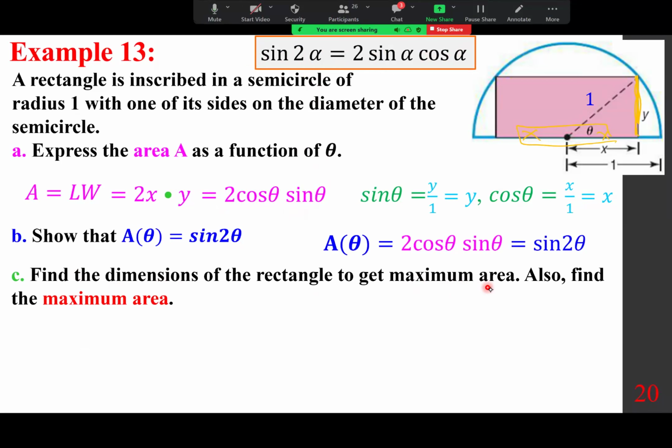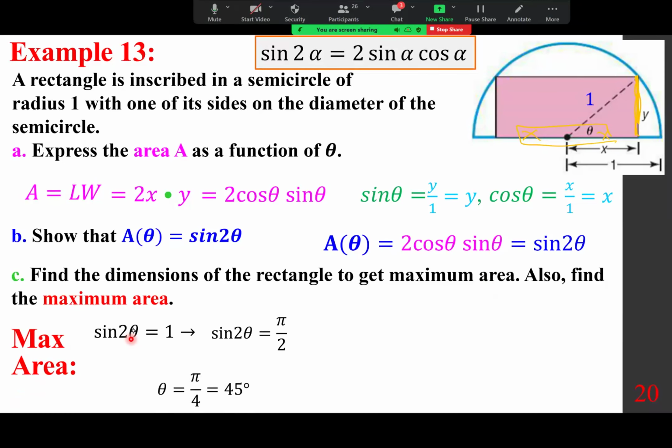Well, the maximum area happens when the sine is maximized, and the sine is maximized when it's equal to 1. That means 2 theta, the angle must be pi over 2, which means theta must be half of that, pi over 4, or 45 degrees.